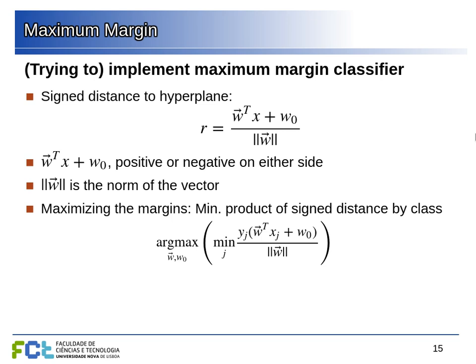And this is a signed distance because points on one side of the vector will have a positive sign on this distance. On the other side, it will be negative. So now we can multiply this by the class. We have class minus 1 on one side, plus 1 on the other, and this will always be positive if the points are on the correct side.